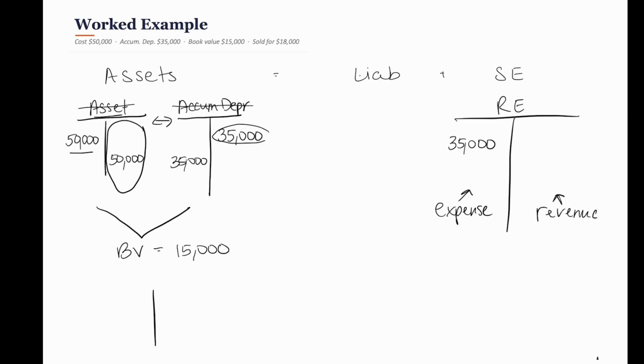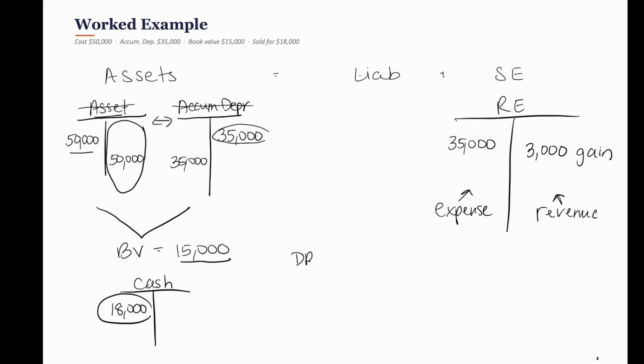We also have cash proceeds from this sale, and we are debiting cash for $18,000. So that is what is going to leave the requirement to recognize an increase in retained earnings of $3,000 because our proceeds here of 18 are greater than our book value of 15 by 3,000. So that is a gain in retained earnings, an increase of $3,000.